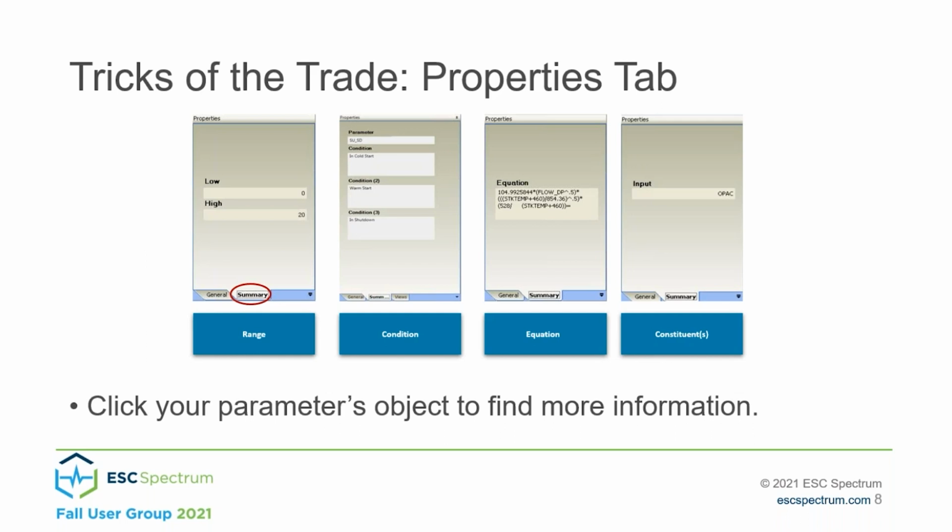The Summary tab is going to show you the information about an object that is selected. Quick note, in order to determine what object is selected, in the data area, there is a dark gray highlight around the object. That is the object that's selected, so that's the information that's going to be displayed in the Properties tab.